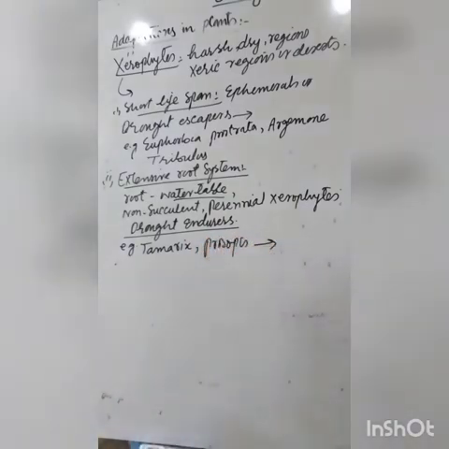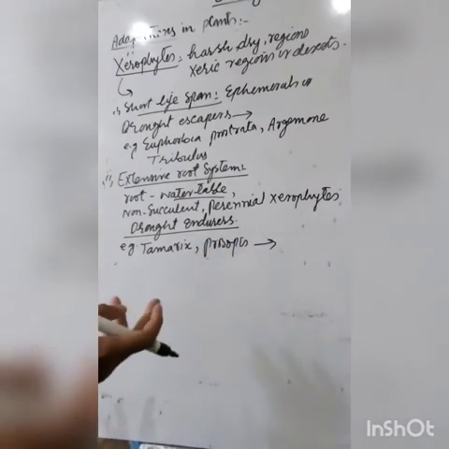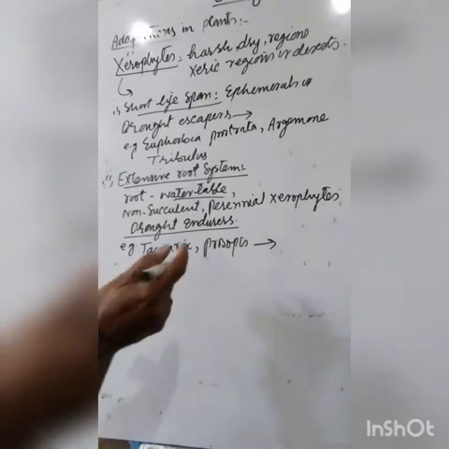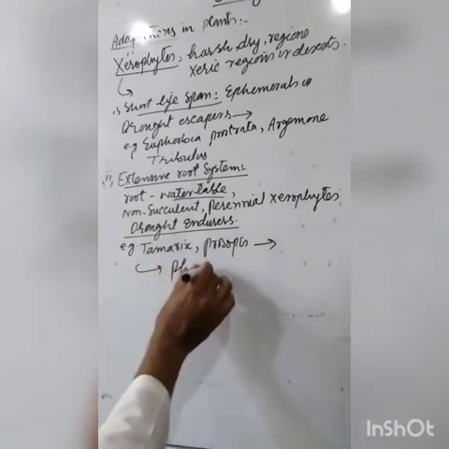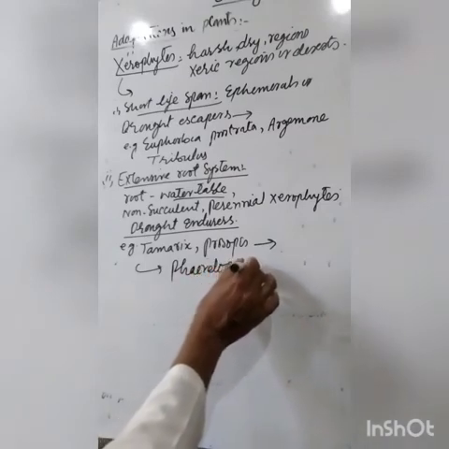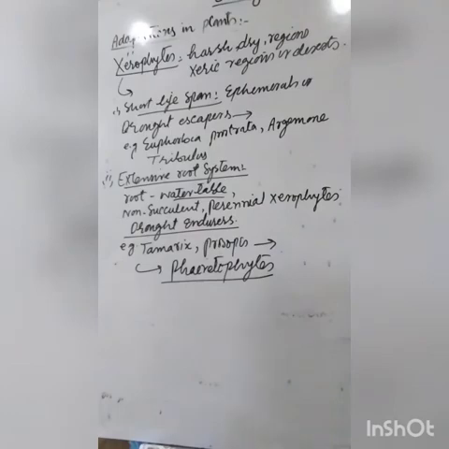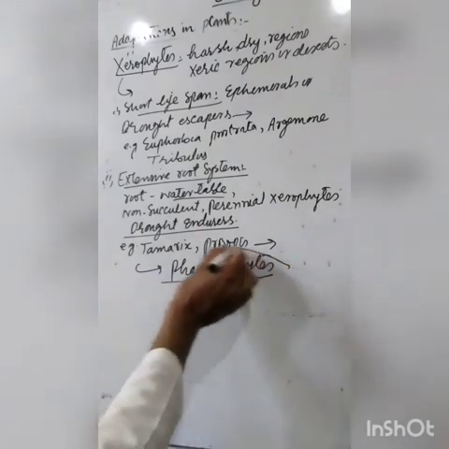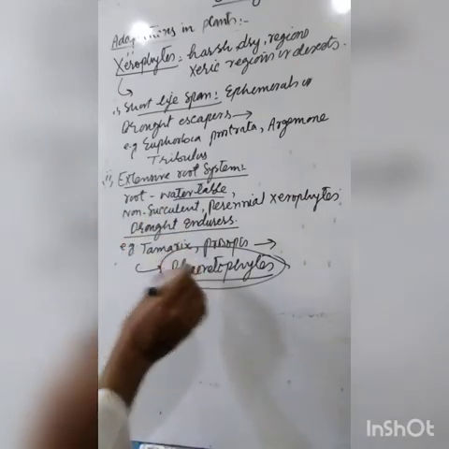And these plants, as I earlier said, penetrate the roots up to the water table, and they are technically called phreatophytes. Phreatophytes are those xerophytes which penetrate their roots up to the water table in order to find their water.